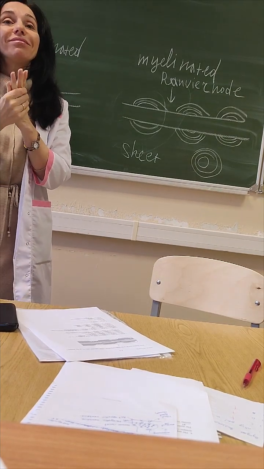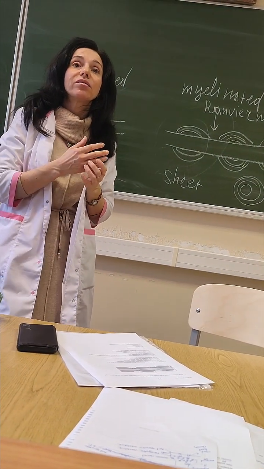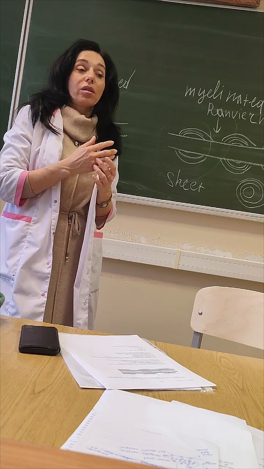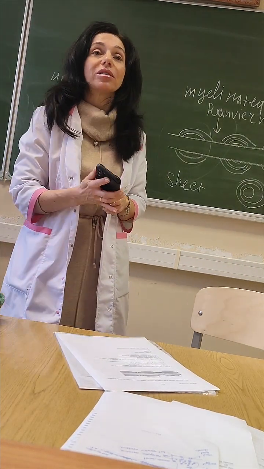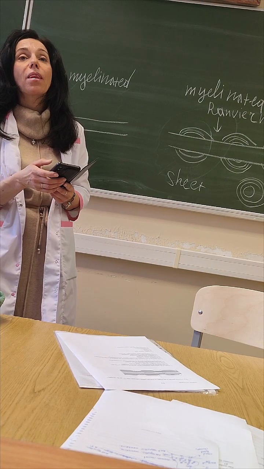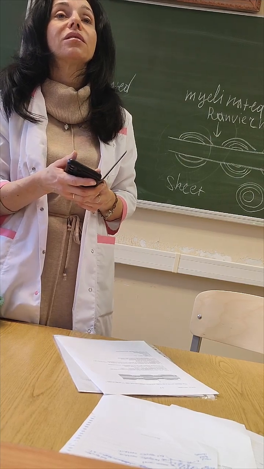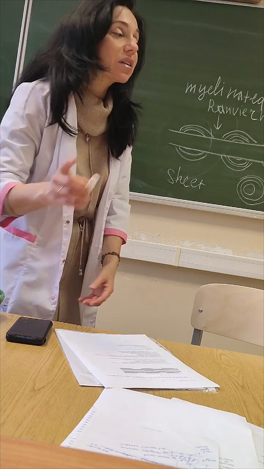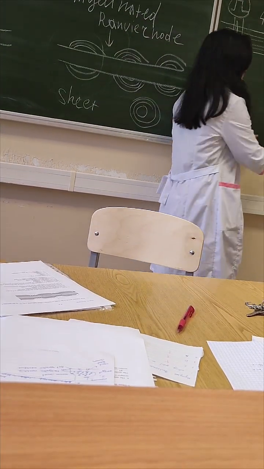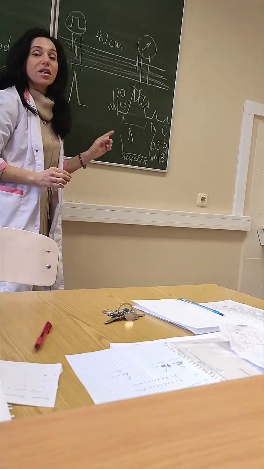It makes rapid conduction and facilitates it. It is just only in A and B fibers, the myelinated ones. C is unmyelinated.